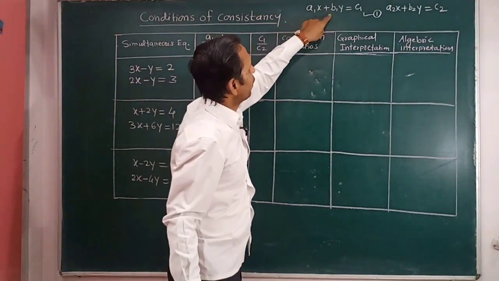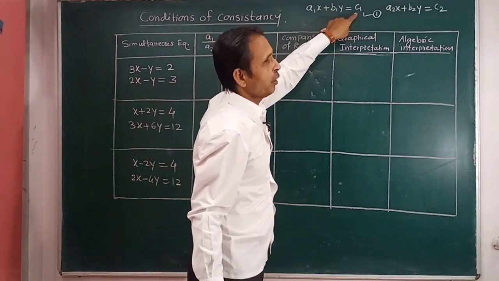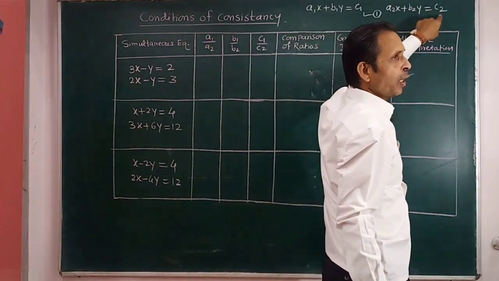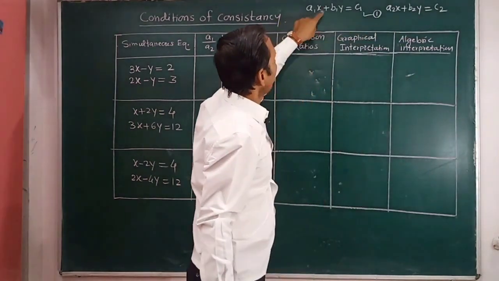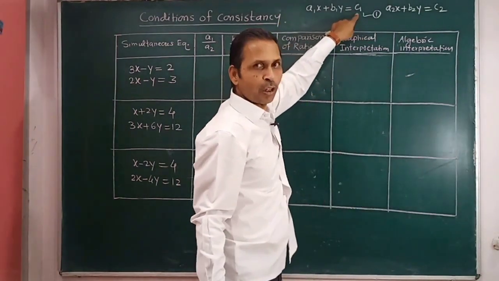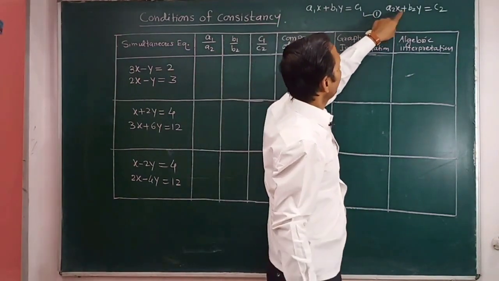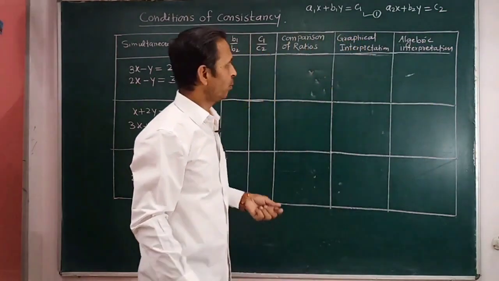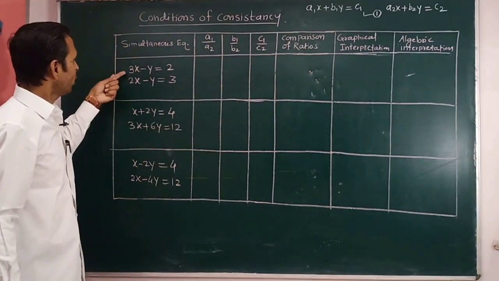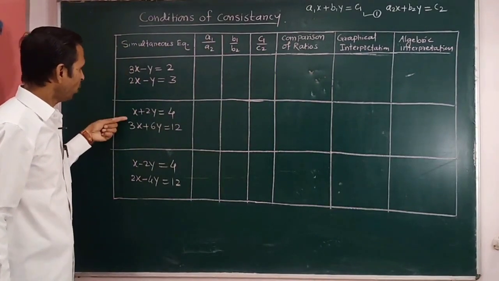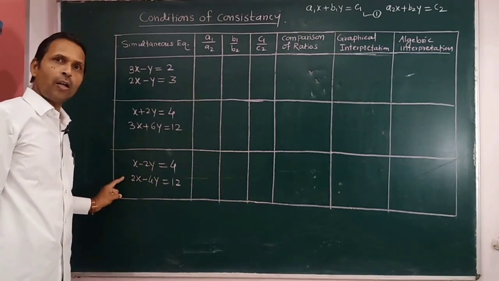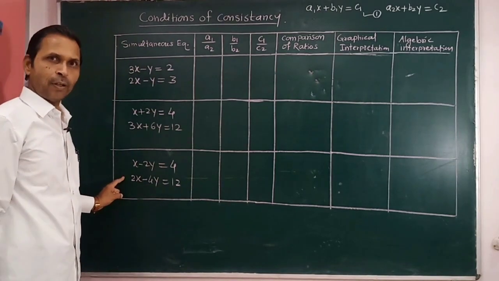Here a1, b1 and a2, b2 are the coefficients of x and y, and c1 and c2 are the constant terms. Equations of this form we already solved by the graphical method.